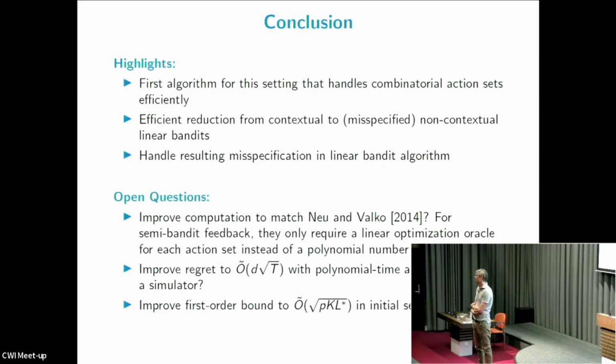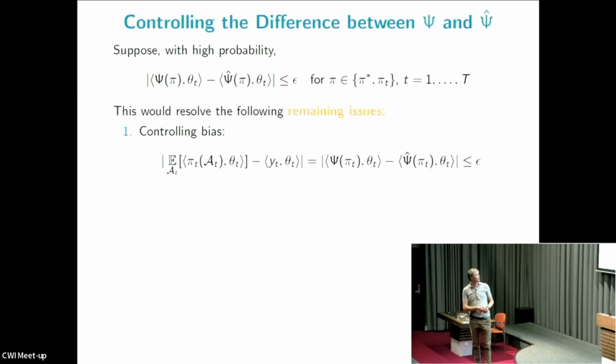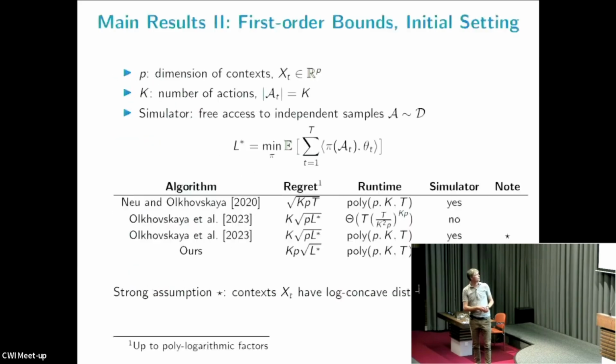Yeah, that's a good point. I don't know. When your A_t are varying but somewhat easy, like this X_t that you place in a different space, maybe it looks easy. Yeah, I don't have a good answer. One funny thing is that in the pursuit of these first order bounds, I mentioned this prior work where with Julia we got this rate having access to a simulator, assuming that the distribution of context was log concave.